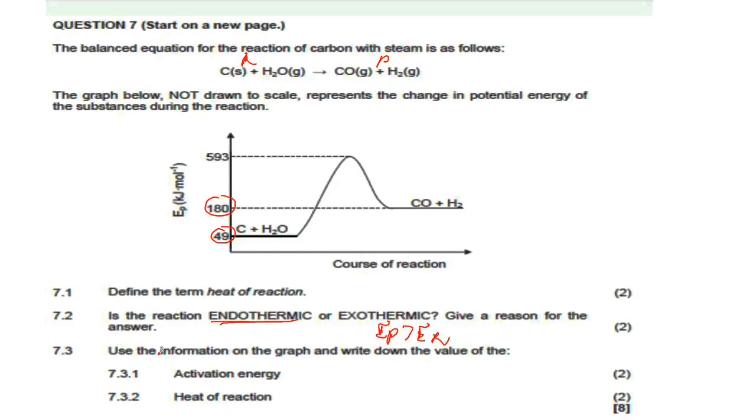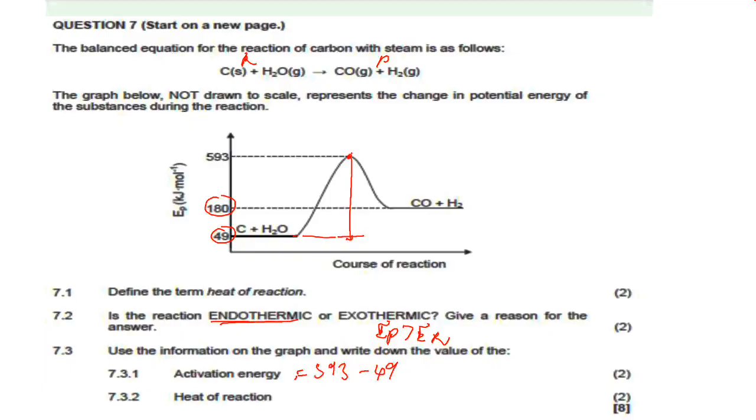Then 7.3 says use the information on the graph and write down the value of the activation energy. Now the activation energy, once again, we know is from the activated complex, which is this maximum energy here, all the way to the energy of the reactants. So to calculate the activation energy here, we need to say 593 minus 49, right?